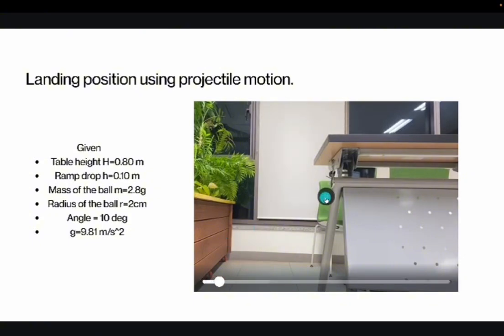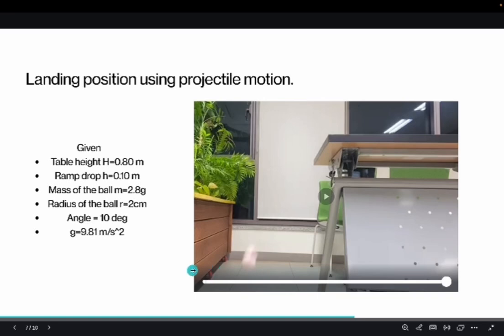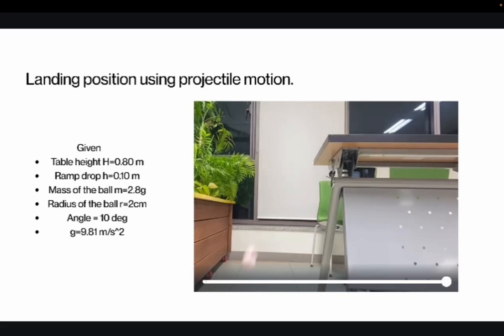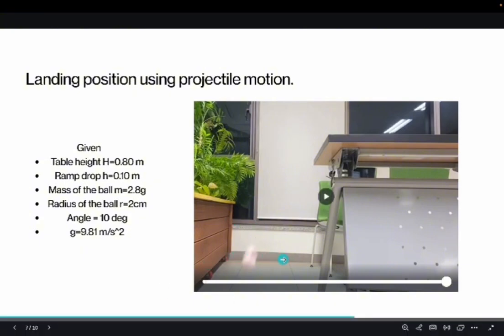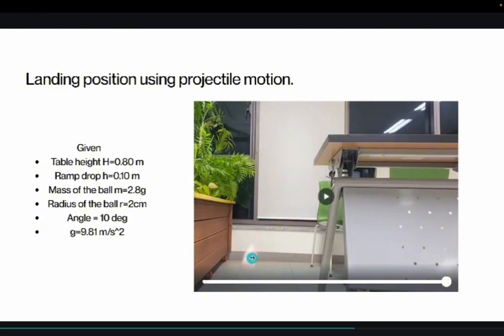After rolling down the ramp, the ball traveled across the table and left the edge of a table that was 80 centimeters above the floor. The horizontal landing distance was measured from the edge of the table to the point where the ball first touched the ground. This experiment was repeated 5 times under the same conditions.